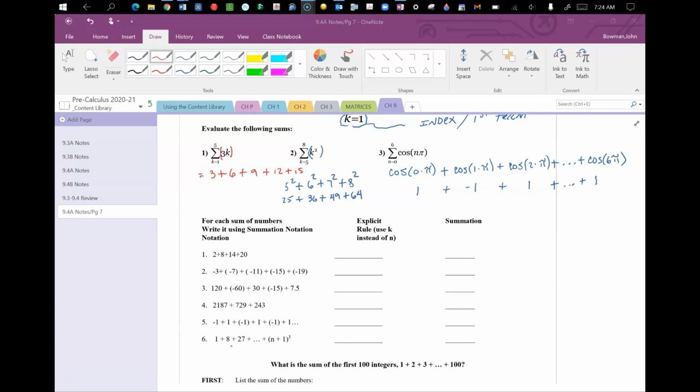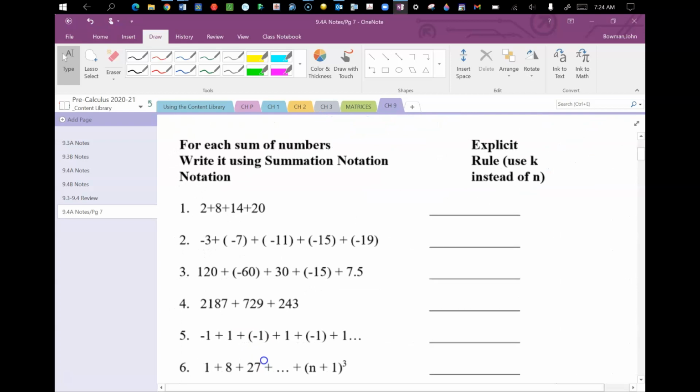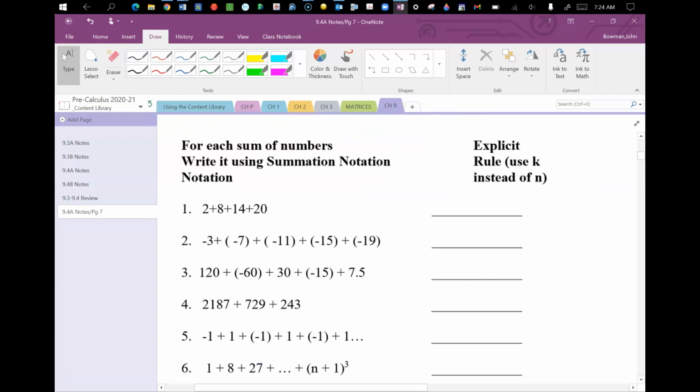So the first thing we want to do is take a look at these series and write their explicit rules. What you will notice with the first example is that the first value, which we are going to call A1 or term 1, is 2, and then there's A2 and A3 all the way up to A4.